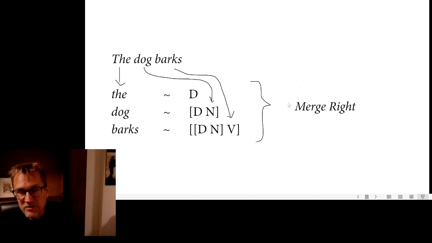And the operation is called merge right because it will always be merging or attaching the incoming primitive constituent to the right side. And this is because we are only generating phrase structures which are consistent with this linear order, meaning that every new word always has to be linearized to the right of everything that came before.